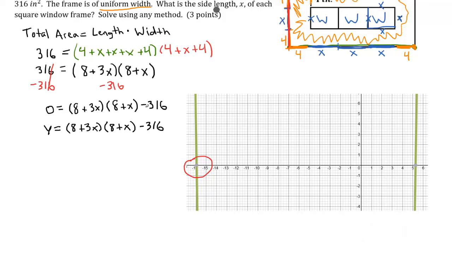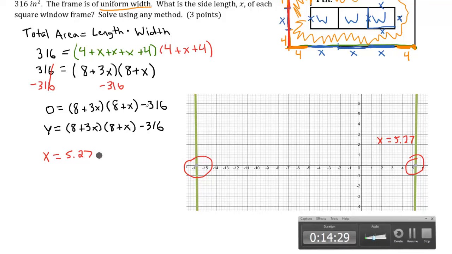Remember, we were looking for the side length of our window. That is negative, so we're not going to use that one. We're actually going to use this one here. That's going to be x equals 5.27. So that is what our x value is going to be, 5.27, and that's going to be in inches.